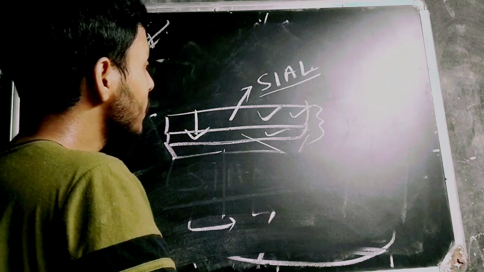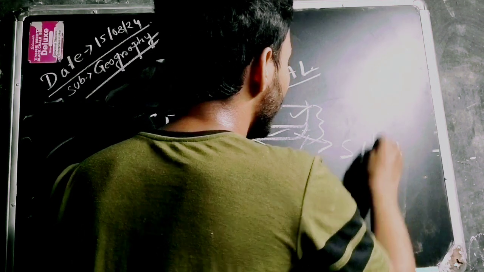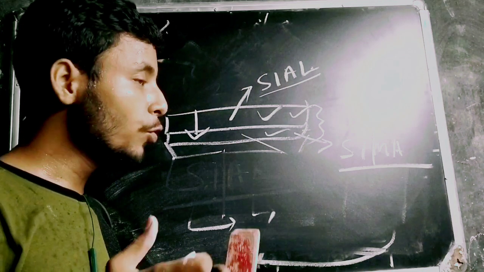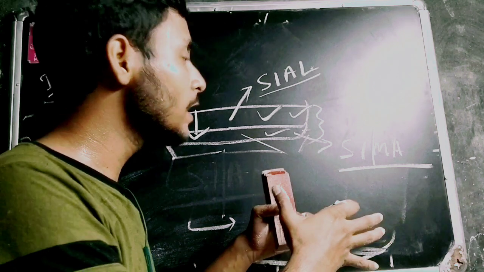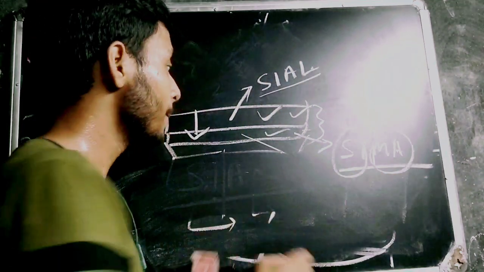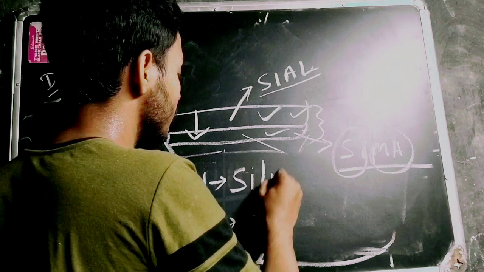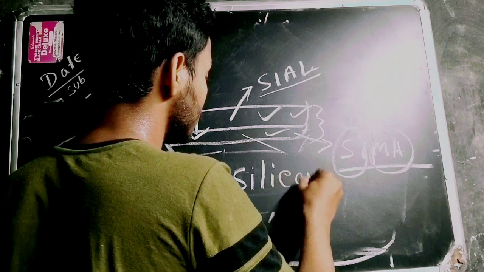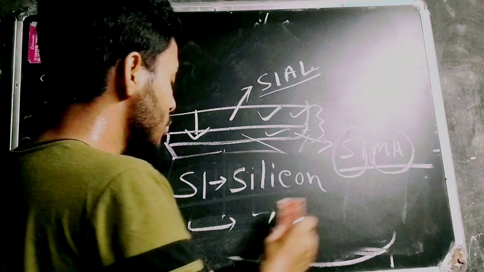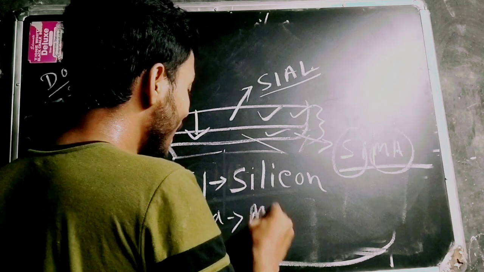Next is sima, S-I-M-A. This is also divided into two parts: the first is Si, which means silicon, and the last is Ma, which means manganese.